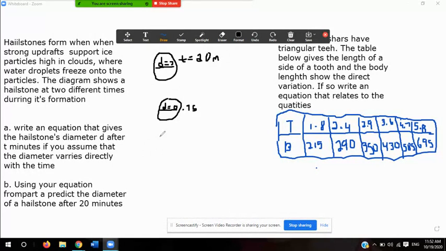A hailstone of 12 inches would be crazy; actually 12 is the time. The time is 12 minutes and the diameter is 0.75 inches. And this one is also in minutes. Let me finish that abbreviation real quick.